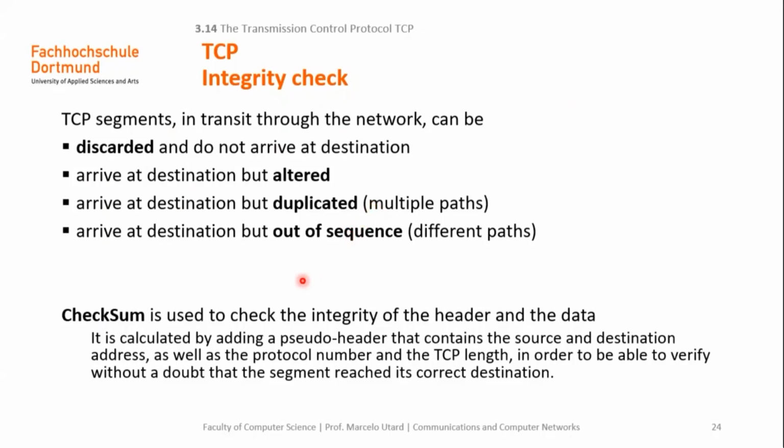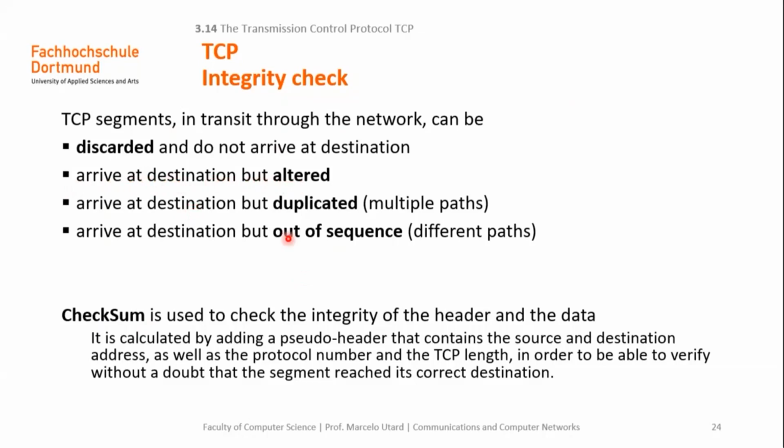Then one of the first mechanisms that we need to implement is the detection of the segments that arrive at destination but altered, that is, with an error.